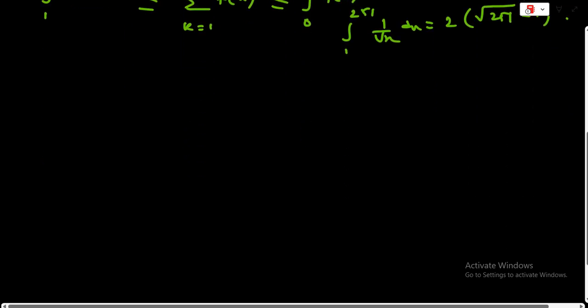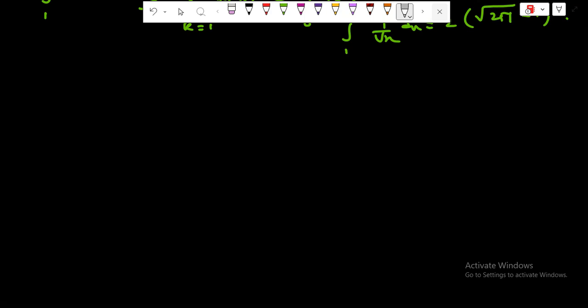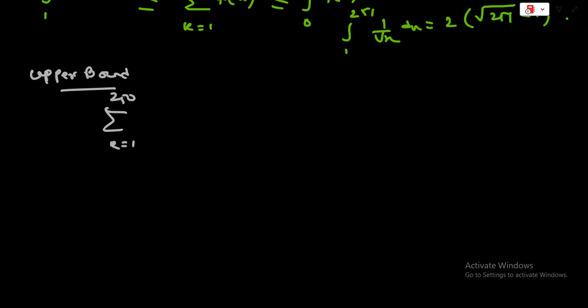Now come to the upper bound. Okay, so this is summation k equal to 1 to 250 of 1 by root k, less than integration 0 to 250 of 1 by root x dx.